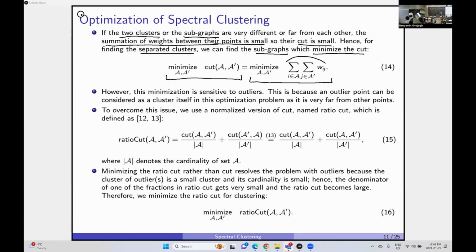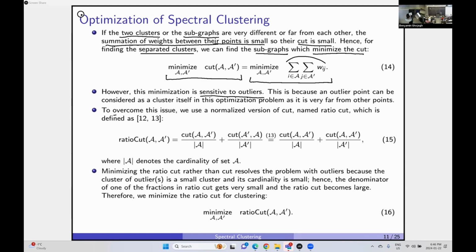To multiple classes. However, this minimization is sensitive to outliers, right? Why? Because an outlier can be seen as one cluster which is far away from the others. So when you minimize the cut, it will say that the outlier is a perfect, separated cluster, because its wij to other data points is minimized, since it's an outlier.